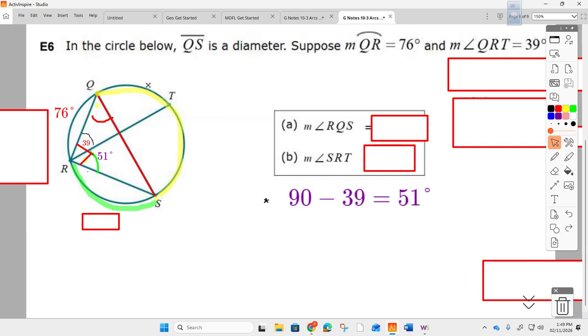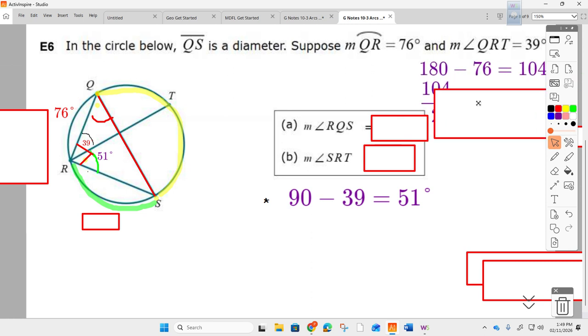Just add 76 and the 180 to the rest. That's kind of the same way that Dominic was saying. So I was thinking, since this is the diameter, isn't this also 180? What if we subtract the 76 from 180 and we get 104? We are kind of going for the easy way, right?